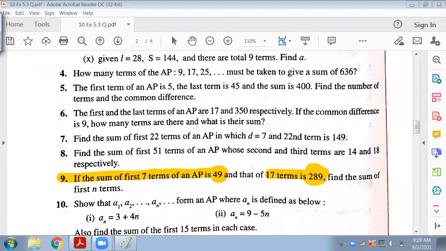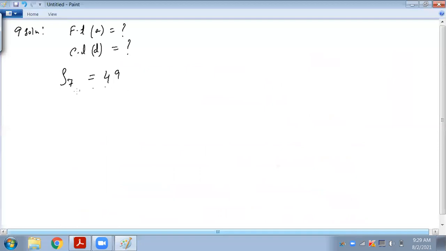We know S7, so we can apply the formula. The sum formula is n by 2 into the bracket 2A plus (n minus 1) D equals 49. Now for S7, instead of n it will be 7.